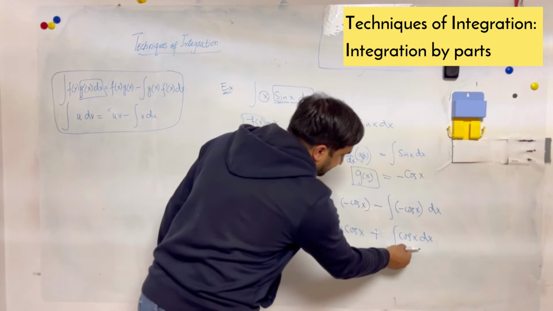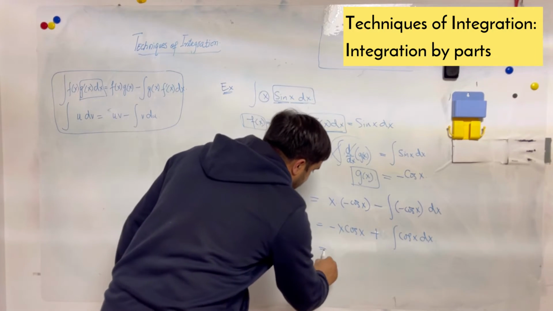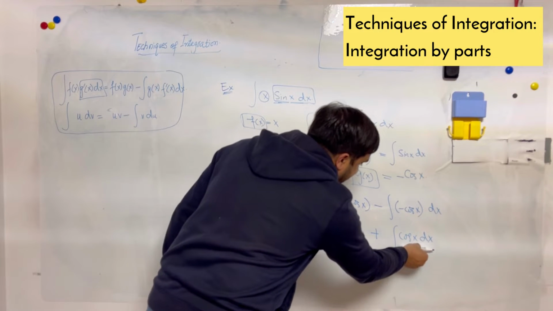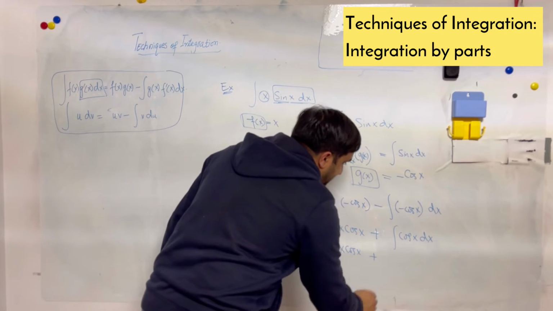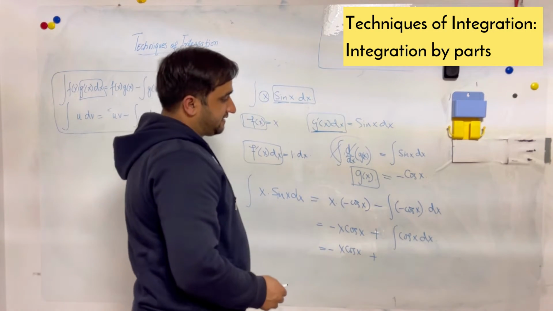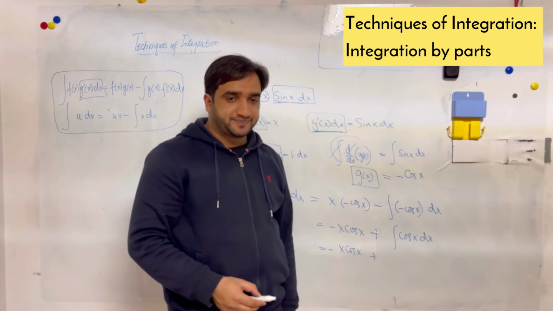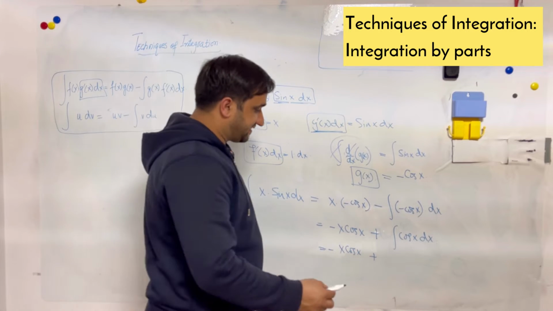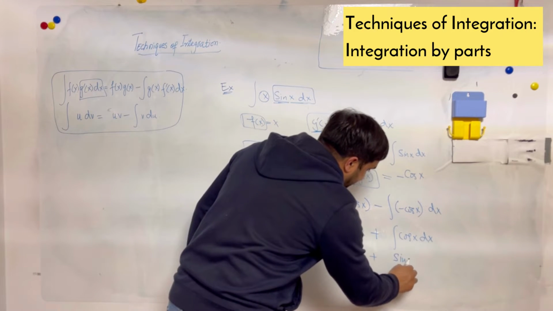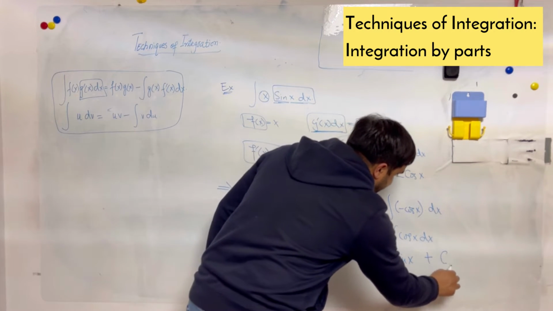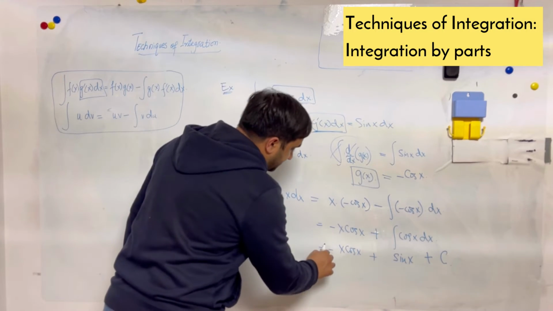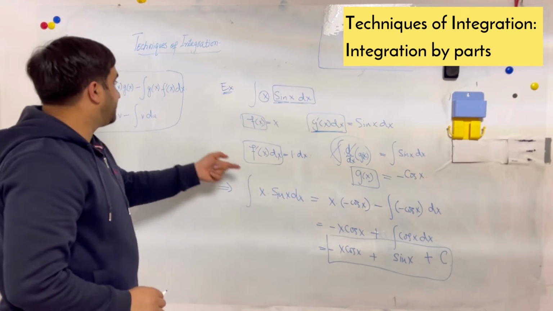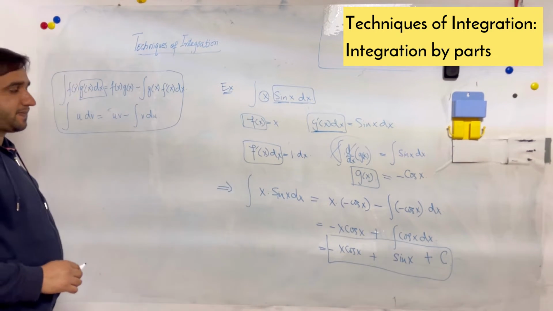And now you know that the integral of cos x dx is, what is the integral of cos? Sine. So it is sine x plus the constant of integration. So this is the answer of this question according to the formula.